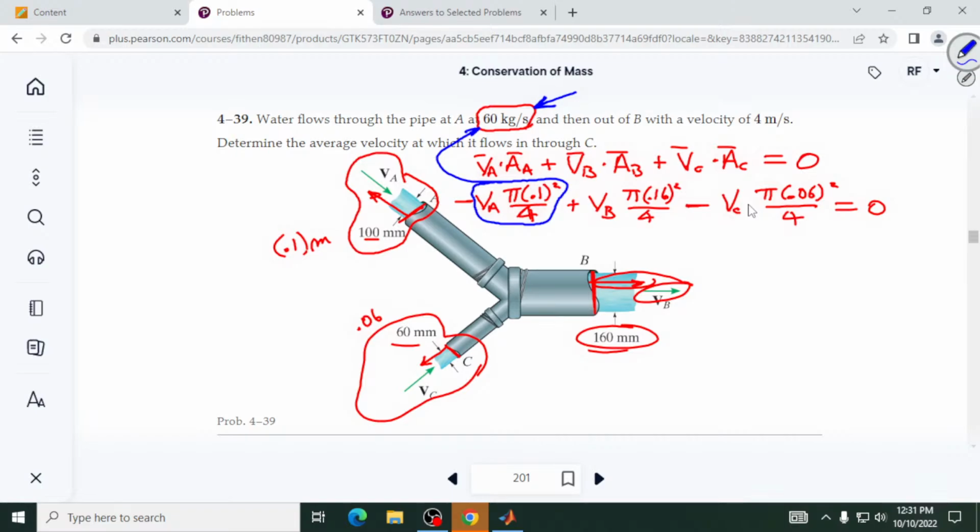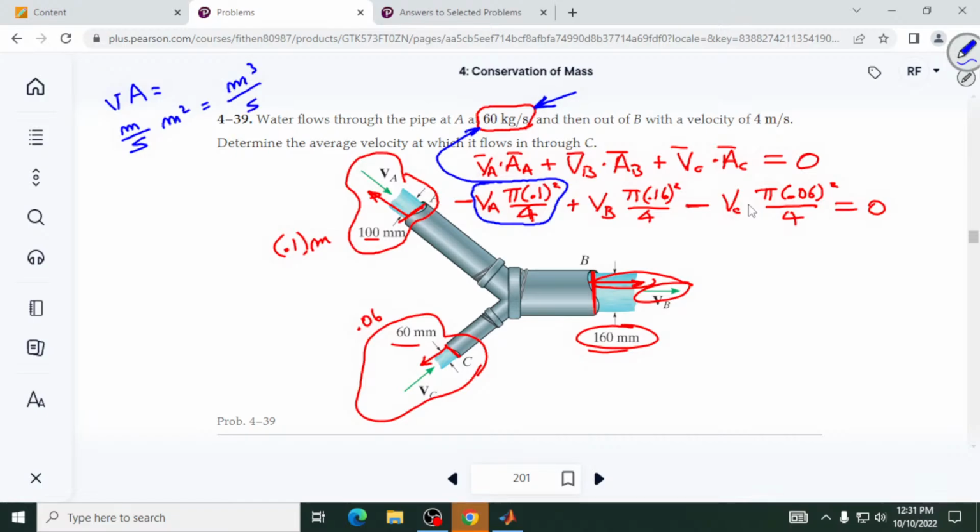Okay, so if I just did SI units, velocity would be meters per second times area in meters squared, so it'd be cubic meters per second.